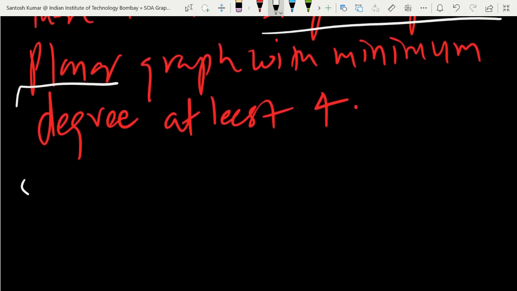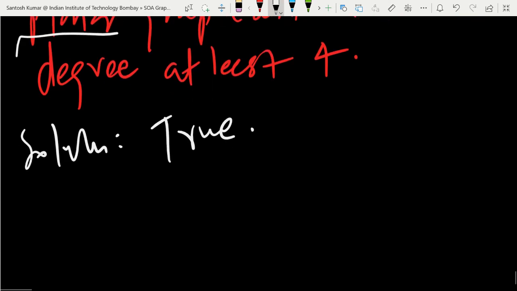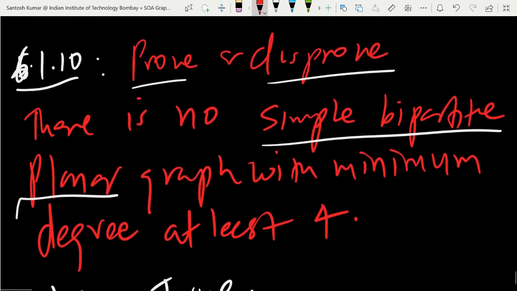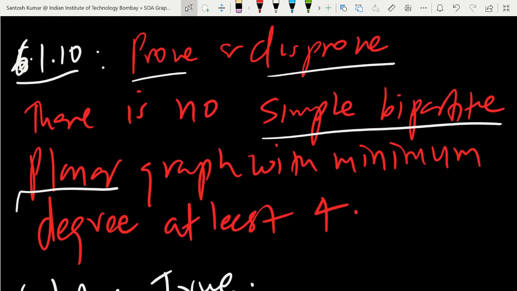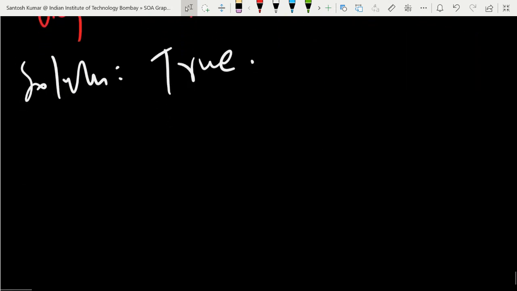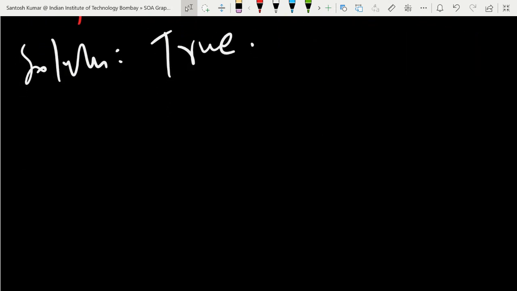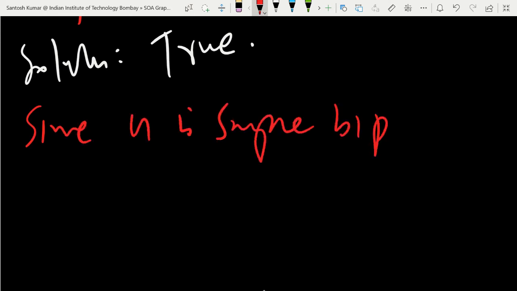This statement is actually true, and let me write the proof. We have to prove there is no simple bipartite planar graph with minimum degree at least 4. Since G is a simple bipartite graph, bipartite means triangle free.